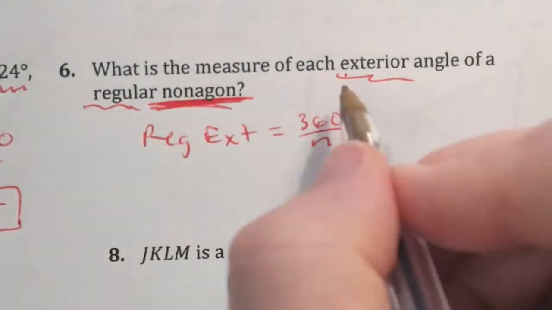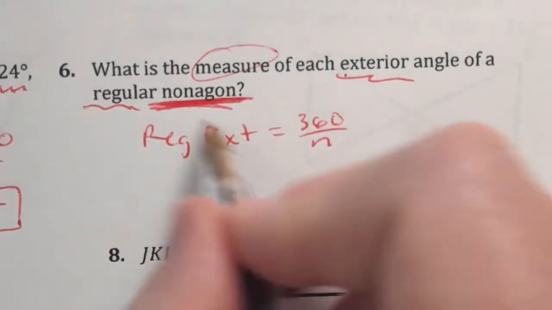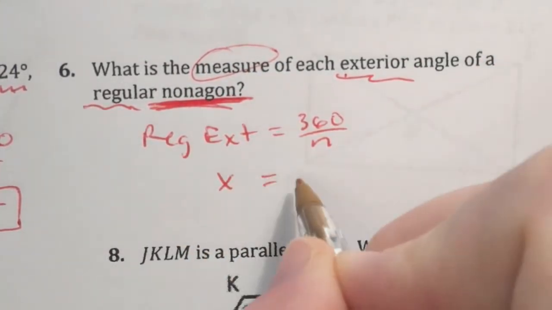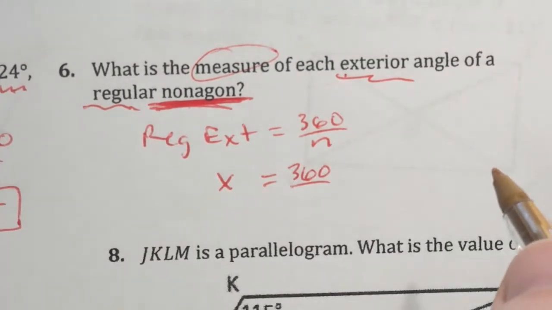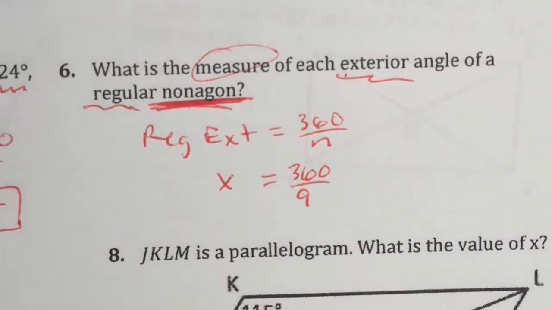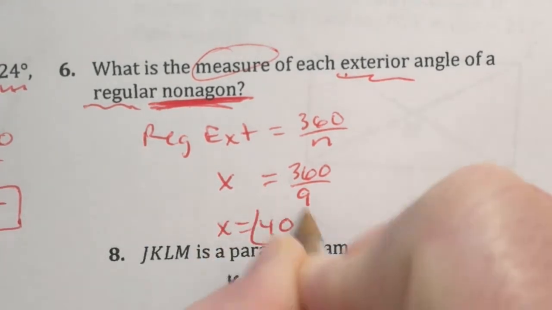They want the angle, so let's call it x, is equal to 360 over a nonagon. How many sides are in a nonagon? 9. So 360 divided by 9, and you get x is equal to 40. And that is your answer, 40.